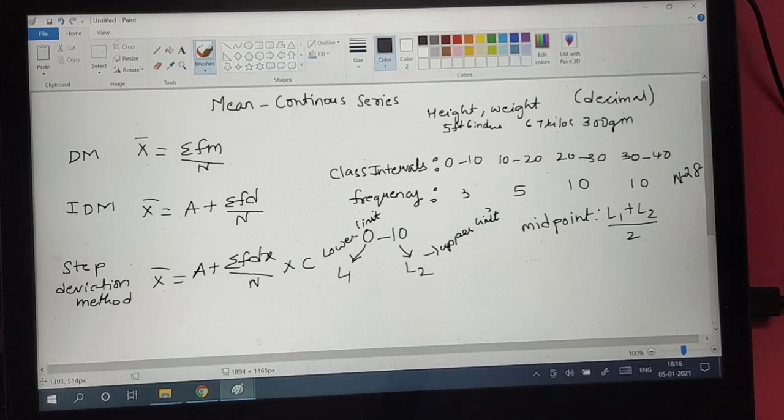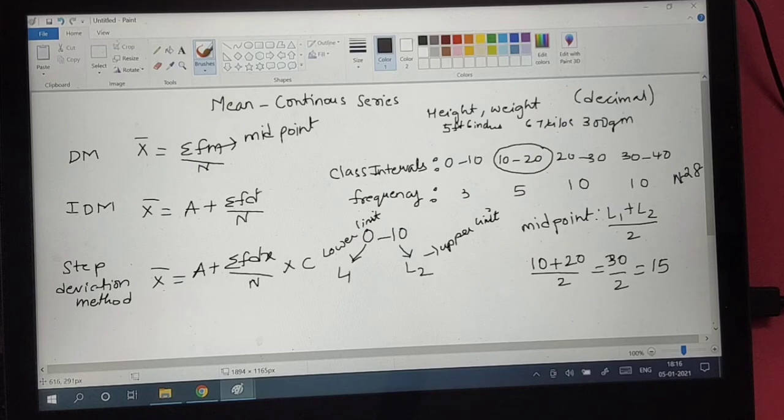So here if I want to know the midpoint of the class 10 to 20, L1 is 10, L2 is 20, divided by 2. That is 10 plus 20, which is 30, divided by 2, which will give you 15. So 15 is the midpoint of the class 10 to 20. So here this M indicates midpoint. So here I showed you the calculation of midpoint.